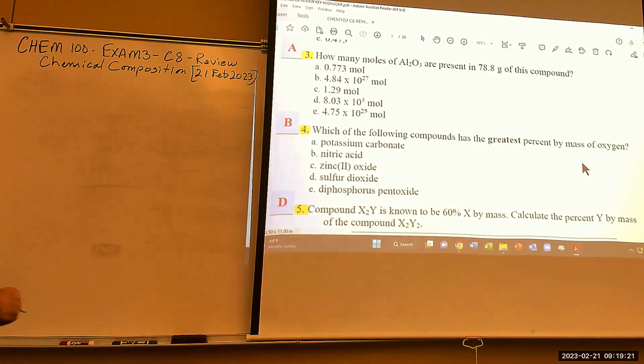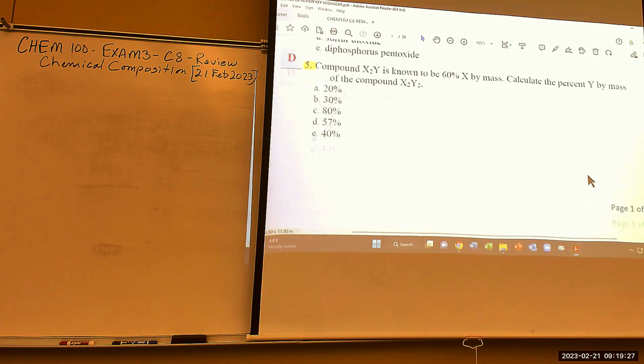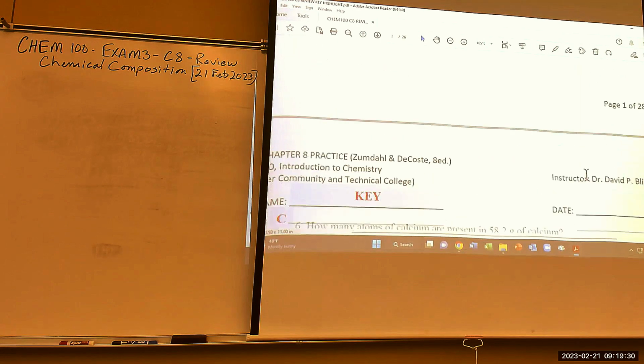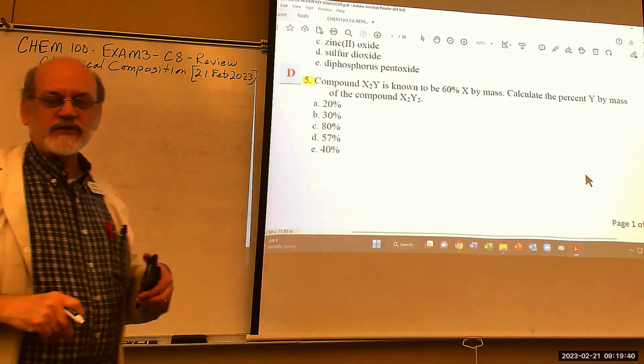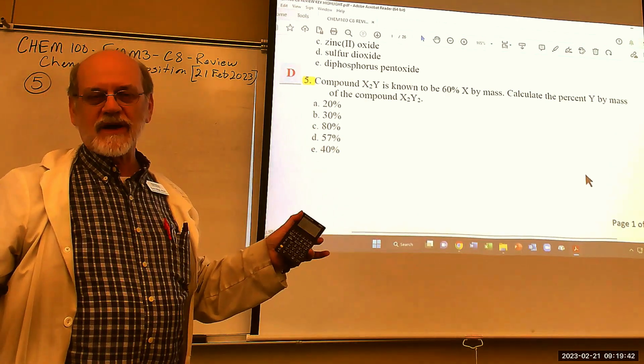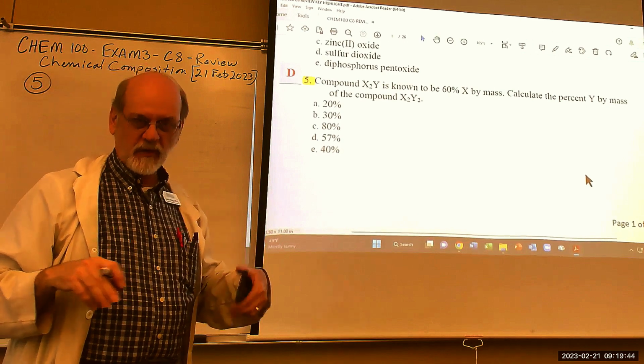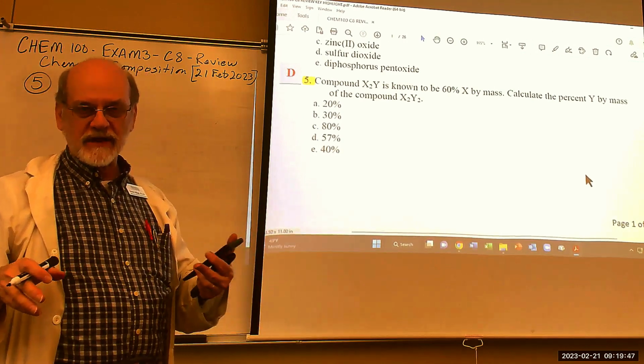All right, number 5. I'm going to have to scroll this one. All right. Number 5, compound X2Y. That's a hypothetical compound. We don't know what the X is or what the Y is.